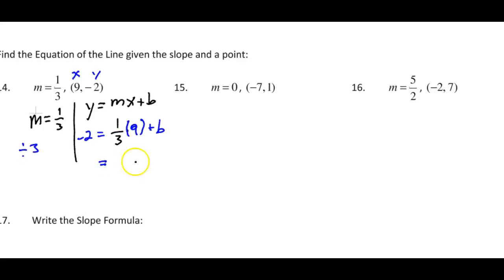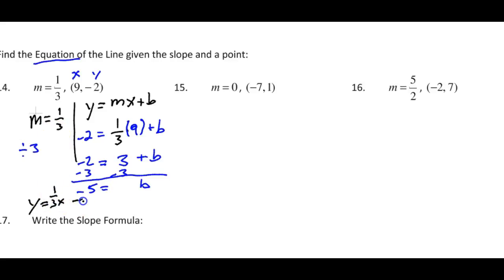So 9 divided by 3 is just 3. And subtract 3 on both sides. So we get -5 equals our y-intercept. And again, write an equation for your answer. So final answer, y equals slope x, and y-intercept, -5.